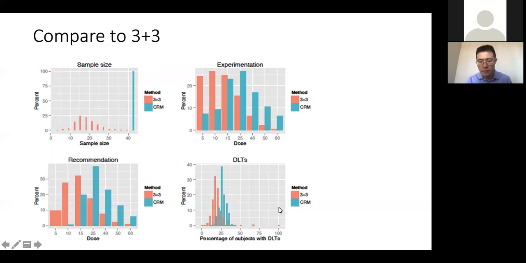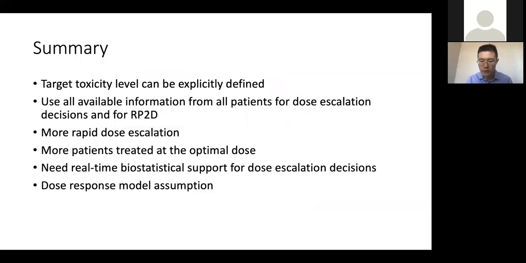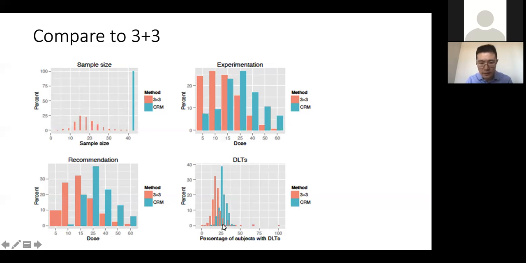And for CRM, most of the simulated trials have a percentage of DLT at 27 or 28%. Okay, but just remember our targeted toxicity level is 30%.